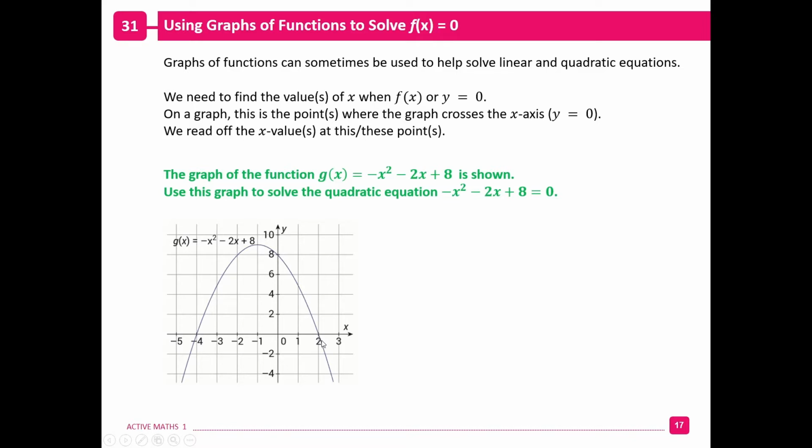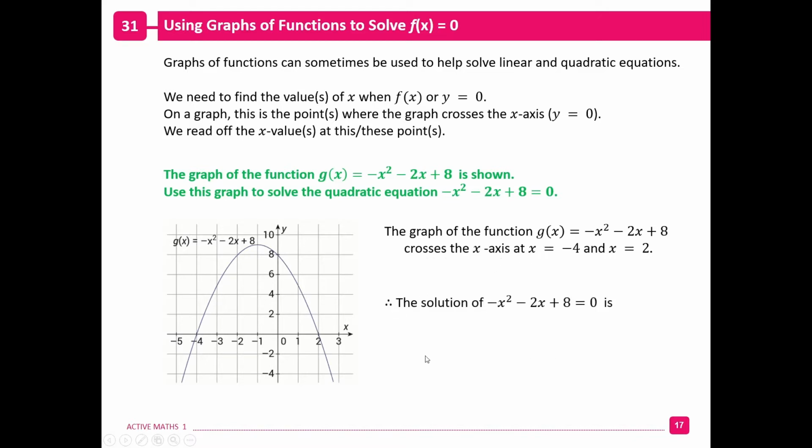So quite simply, there are two solutions to this quadratic equation. It is when x is -4 or when x is 2. So the graph of the function crosses the x-axis at those two locations. Therefore, the solution of the function equals x is -4 or x is 2.